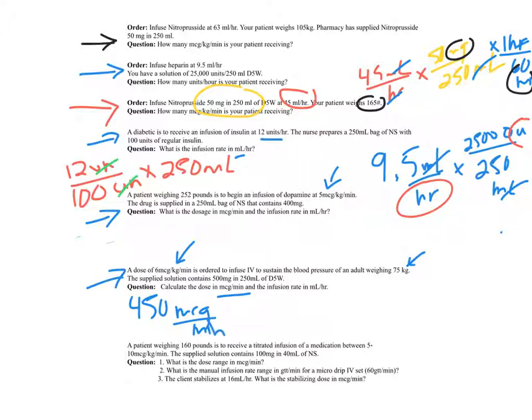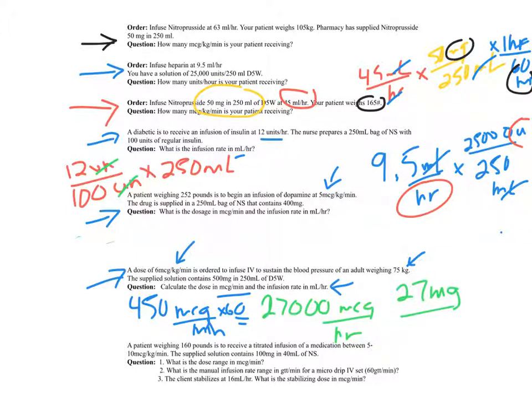And the next step is to keep going to get it down into milliliters per hour. So then the next step would be to take that times 60. When you multiply that by 60, you get 27,000. And what that is, micrograms now per hour. We need to get it to milliliters per hour. So 27,000 micrograms is 27 milligrams.